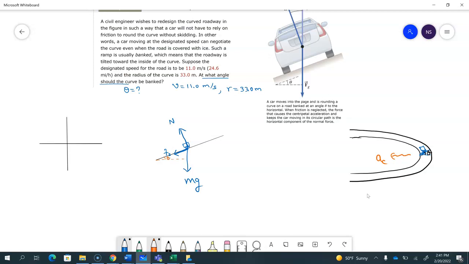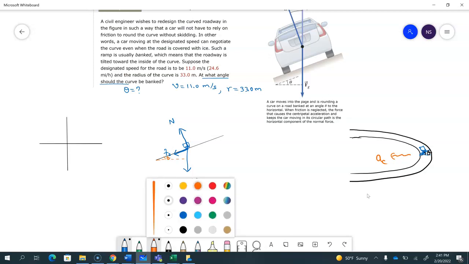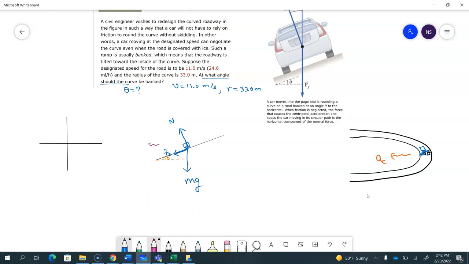That's the banking angle theta. And as a result of all these forces, there is an acceleration to the left, the centripetal acceleration a_c, which is v squared divided by r, towards the center of the circular track. So I've shown it here as well.